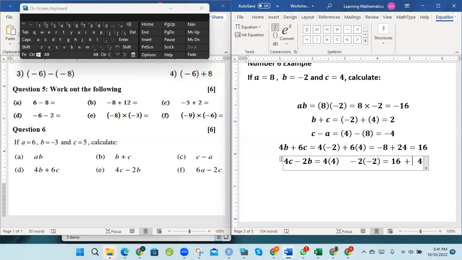That's 16 plus 4. And actually a negative times a negative is a positive 4. And bring the 4 closer. That's a positive 4. That's 16 plus 4. 20. Okay. 16 plus 4 is 20.